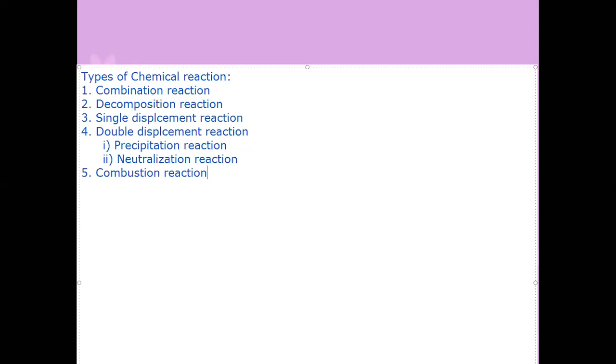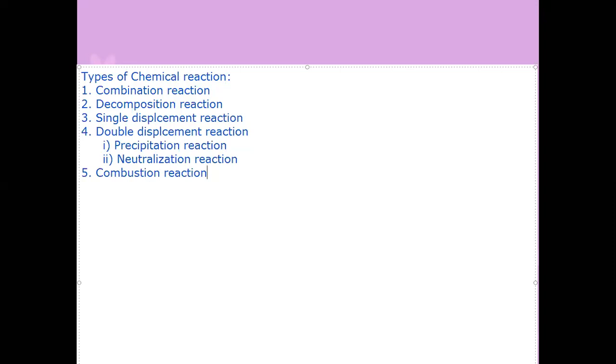So these 5 types are classified based on the nature of rearrangement of atoms. Next, the direction of the reactions. So chemical reactions are classified based on the direction of the reaction.